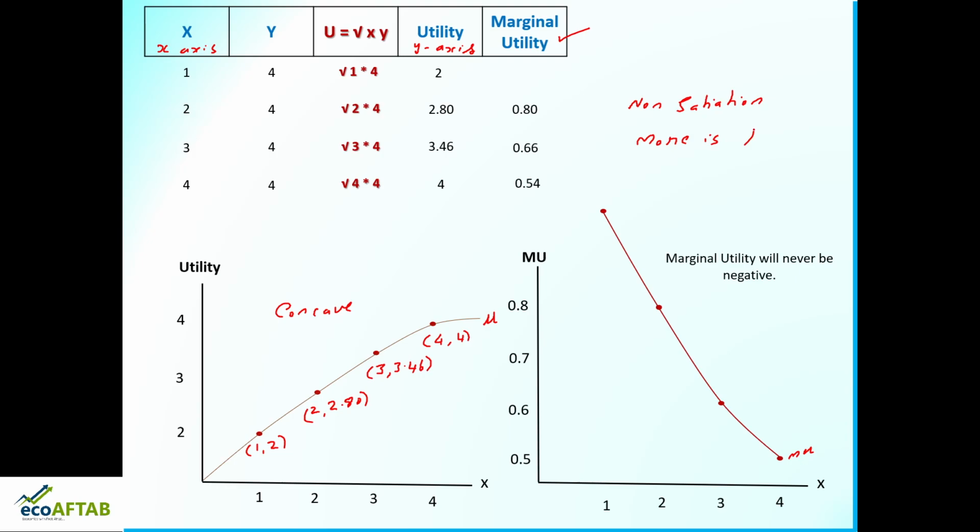More is better than less. When you follow this assumption, it means there will always be an increase in the stock, and this increase will always lead to positive marginal utility. Because of that, our marginal utility will never touch the x axis. It may go very close to the x axis, but it will never touch it. That is because of our assumption of non-satiation.